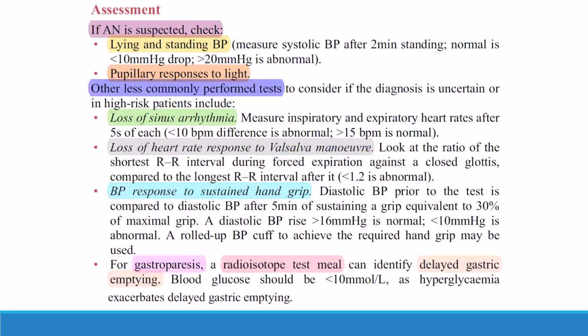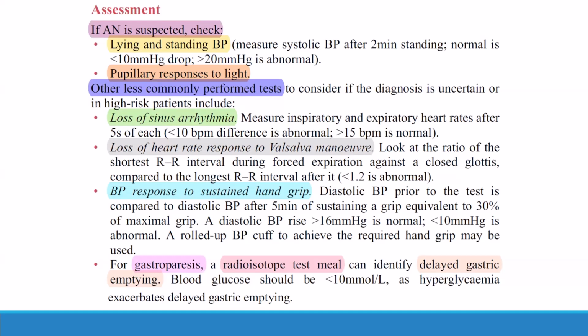The assessment is actually very difficult in a clinical scenario, except for autonomic postural hypotension. Autonomic neuropathy can be suspected if we check lying and standing blood pressure. Usually less than a 10 mmHg drop is normal, but a drop of more than 20 mmHg in the systolic is abnormal and diagnostic for postural hypotension. Another less commonly performed test is sinus arrhythmia.